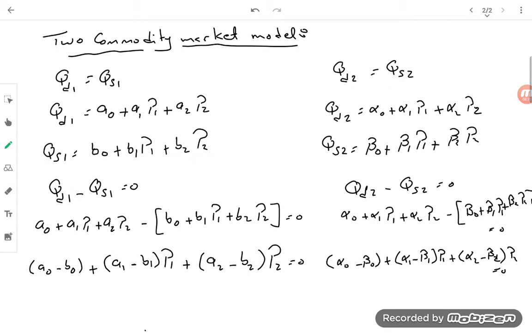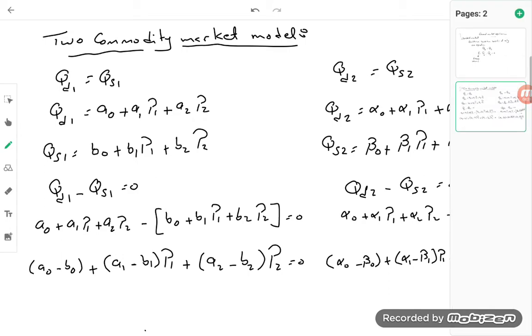Now we are going to write a symbol instead of A node minus B node, just to shorthand the equation. So we can write it as Ci equals Ai minus Bi.